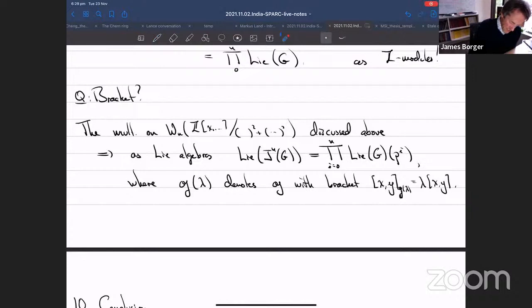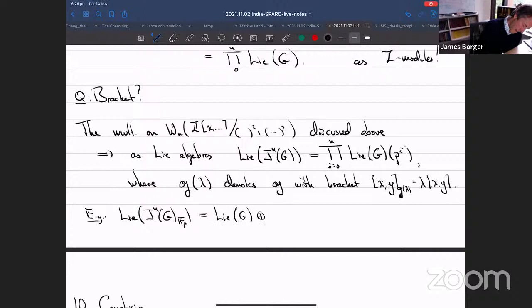If P is invertible, twisting by this bracket, you can always untwist by it. So if P is invertible, then the Lie algebra of the nth jet space is just, as a Lie algebra, a product of n+1 copies of the Lie algebra of G. If P is 0, if you're working in characteristic P, so for example, the Lie algebra of J_n of G over F_p, the first component is the original Lie algebra, and then you have n copies of the Lie algebra G with the bracket being 0.